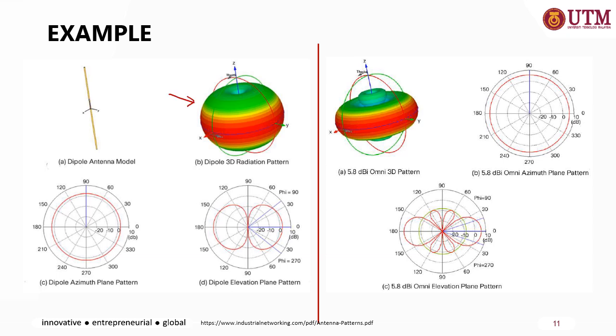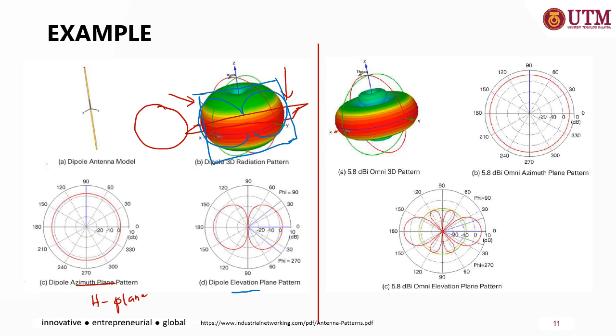For the azimuth plane, the H-plane, when we cut it here and look from the top, we may see a round shape, represented in the H-plane, while when we cut it vertically, half of it here in this plane, the E-plane, we may see the donut shape in the E-plane or elevation or vertical plane.